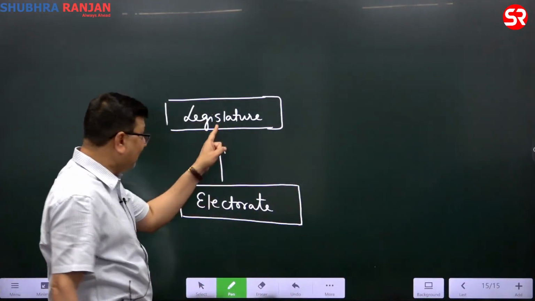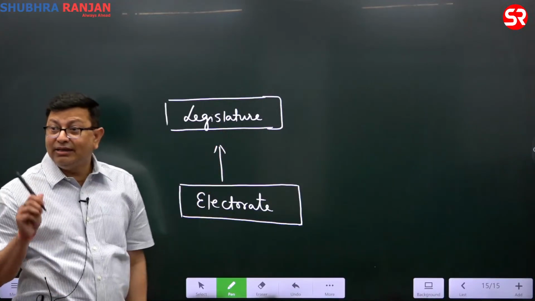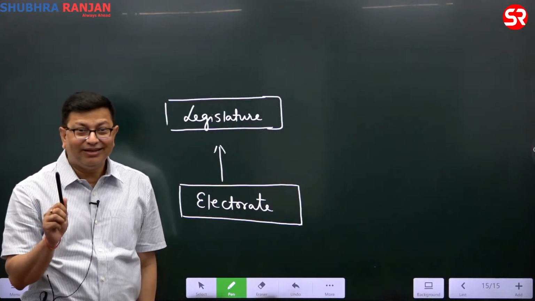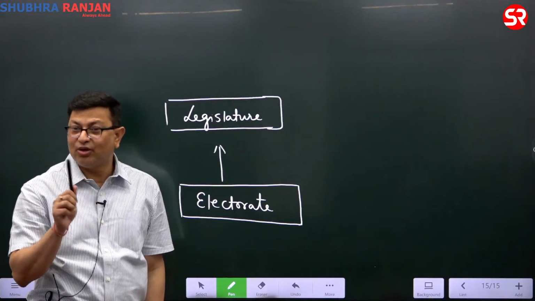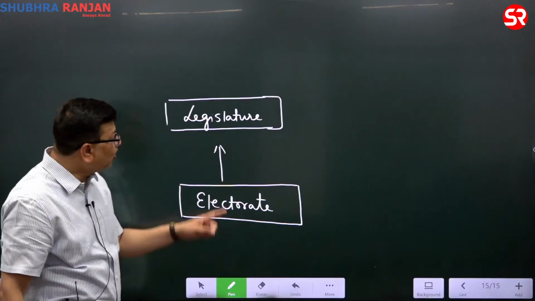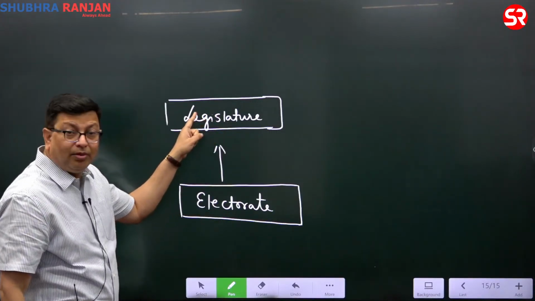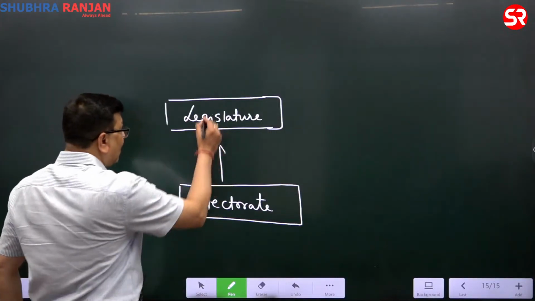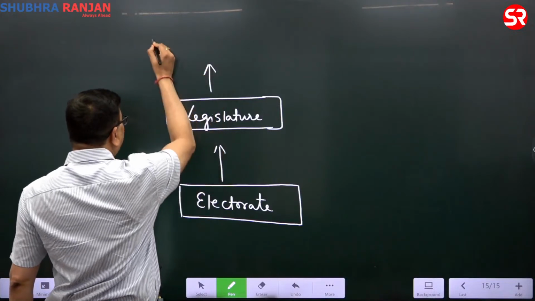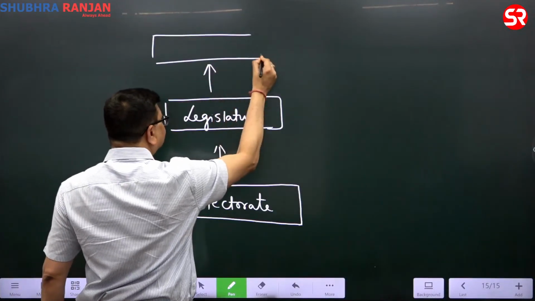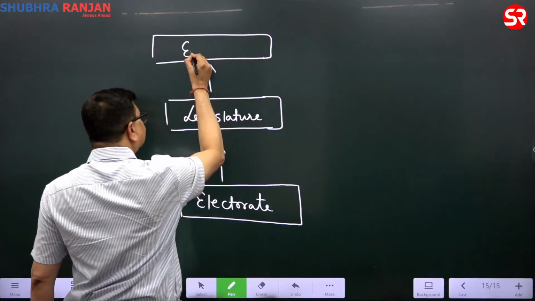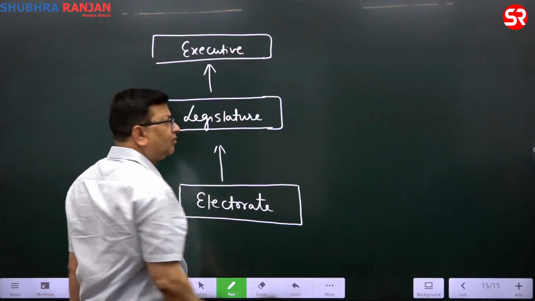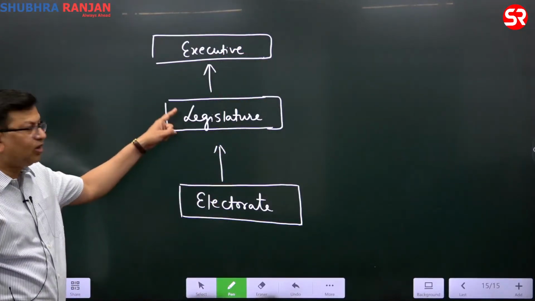So the electorate elects the legislature, and the political party which gets the majority in the lower house, that is the popular house, in the Lok Sabha elections that are going on now, the members of that political party which gets the majority here, they become the members of the executive.